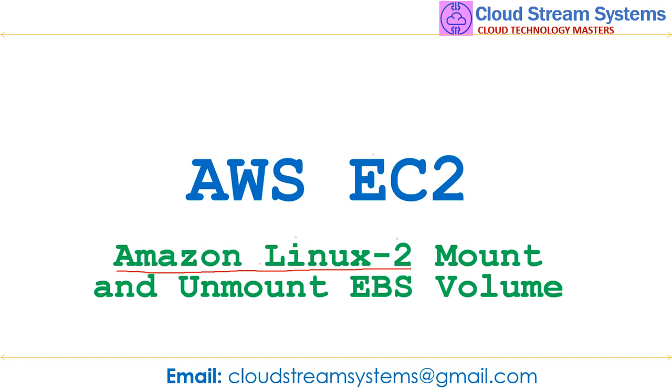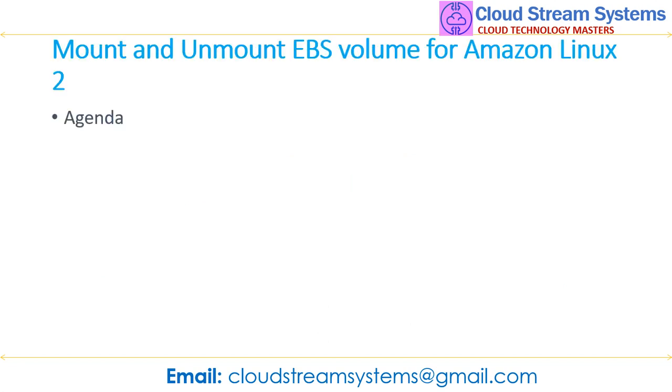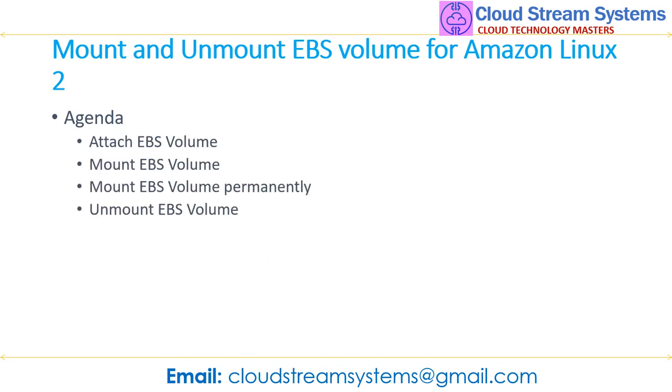So let us see the different steps you need to perform for mounting an additional EBS volume. This is the agenda for today's session: attaching the EBS volume and mounting the EBS volume. Once you mount it, it may not work properly when you reboot the EC2 instance. So to make it perfect, you have to mount the EBS volume permanently.